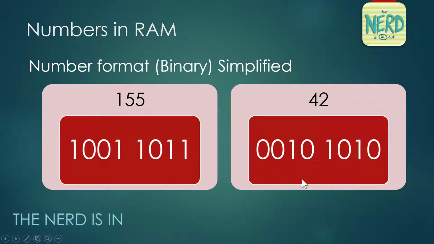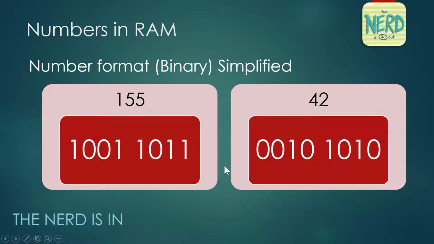You don't have to memorize a bunch of zeros and ones to be a programmer. The number 42, for instance, is stored as this bit pattern. This bit pattern right here is the format that the CPU can work with to add things together. It can work with zeros and ones and put them together to get the answer.